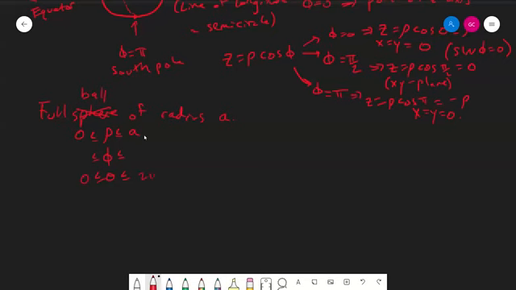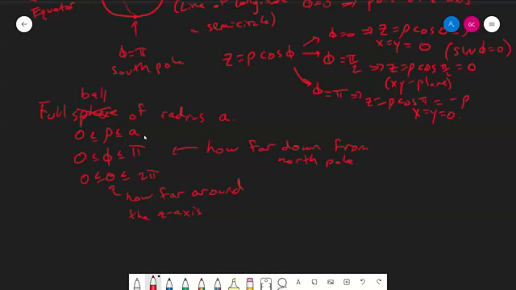And if you want a full sphere, then you want 0 to 2 pi. And phi, we said, goes from 0 to just pi, right? And phi tells you, again, how far down from the North Pole, or from the positive z-axis. So here's what you get for a full ball of radius A.